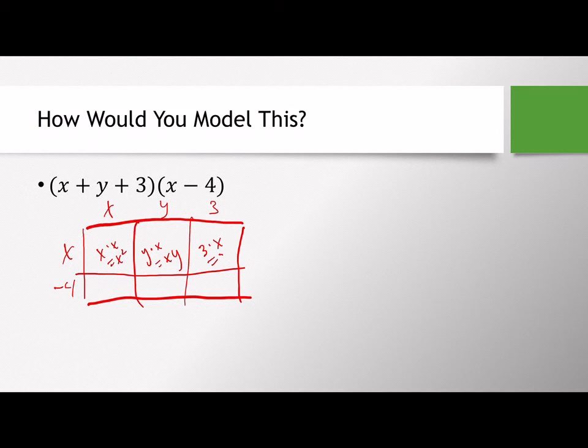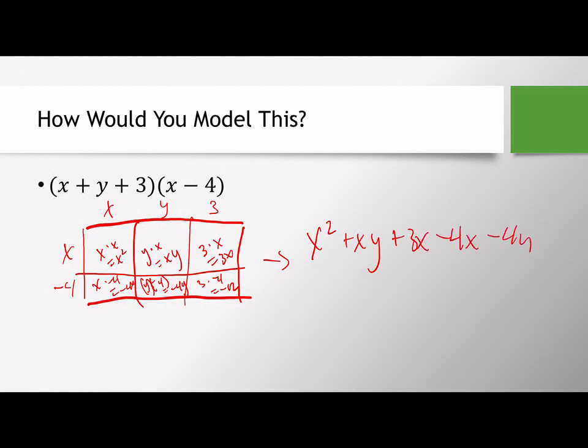And then we have x times minus 4 equals minus 4x. y times minus 4 equals minus 4y. We have 3 times minus 4 is minus 12. When we get our partial products, we have x squared plus xy plus 3x minus 4x minus 4y minus 12.